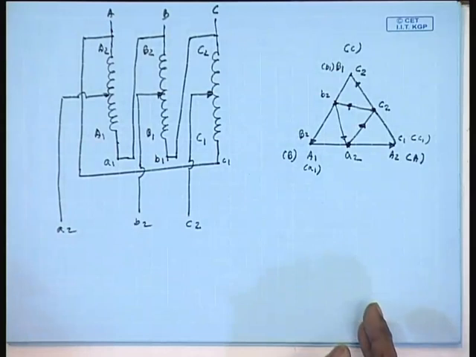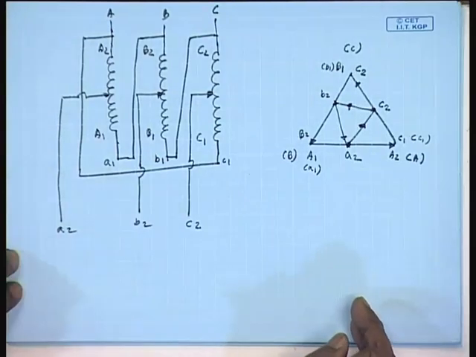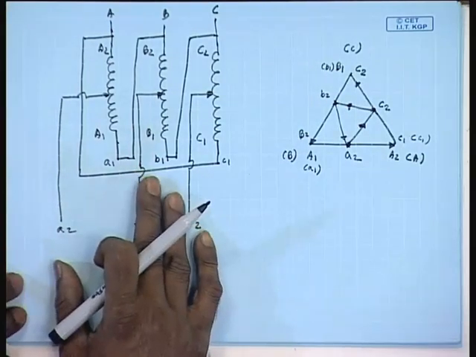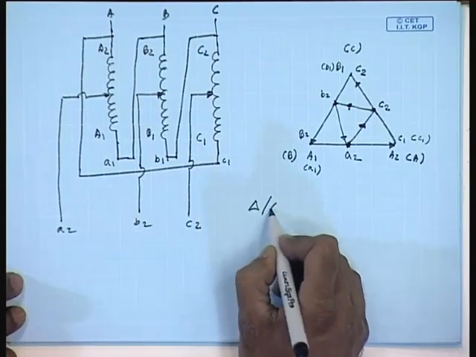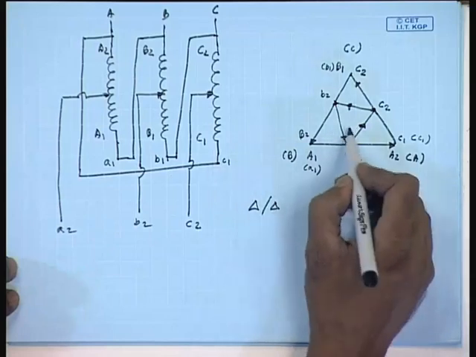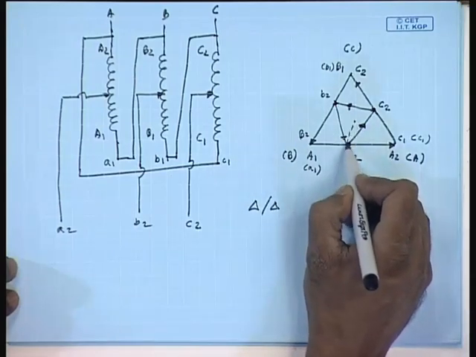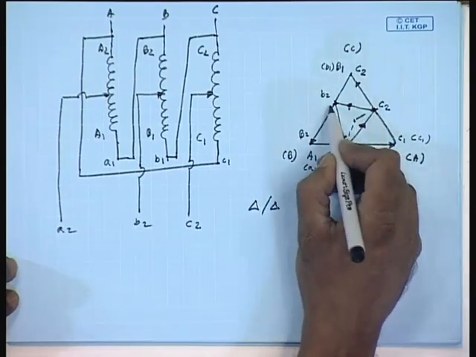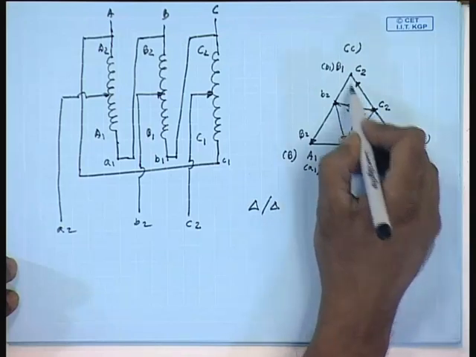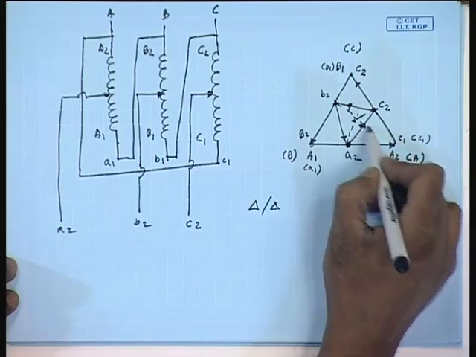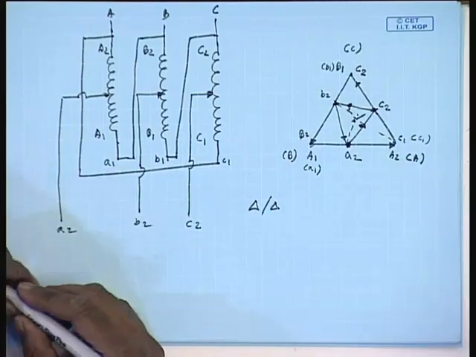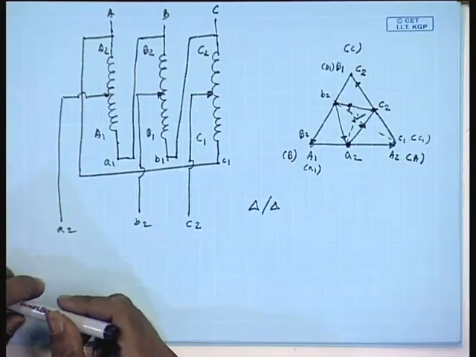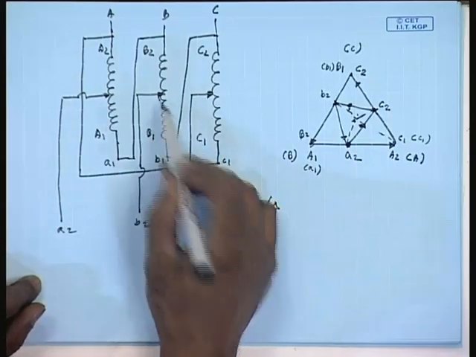However, when a similar arrangement is made with a delta-delta connected autotransformer, we see that the angle between the line to neutral voltage phasor of the HV and LV side actually depends on the position of the tapping.